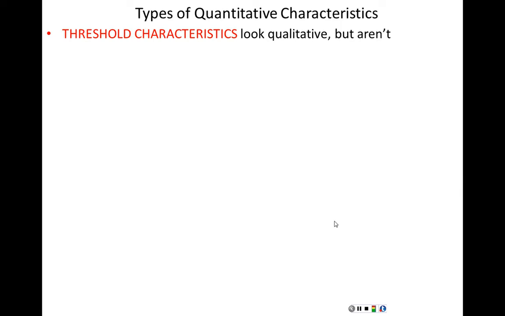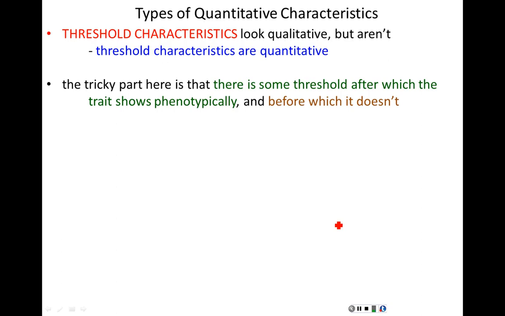Another unique type of quantitative characteristic, threshold characteristics. Threshold characteristics appear qualitative because it appears as though there are two states, but they really aren't. Threshold characteristics are quantitative. The tricky part is that, like the name suggests, there is some threshold after which the trait shows up phenotypically and can be observed.